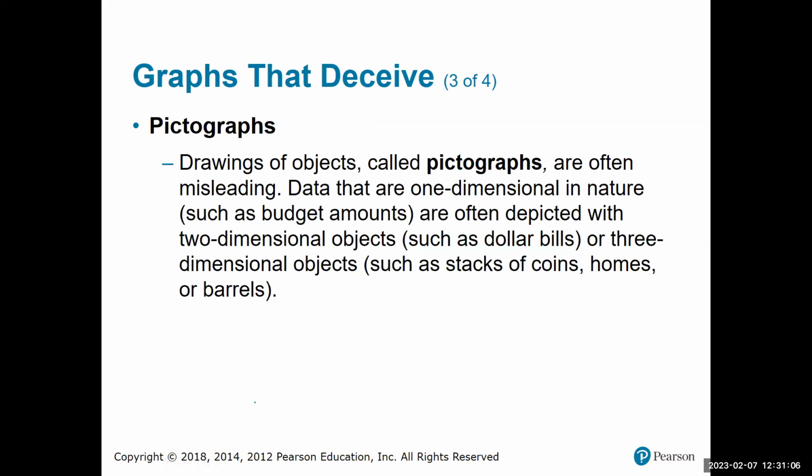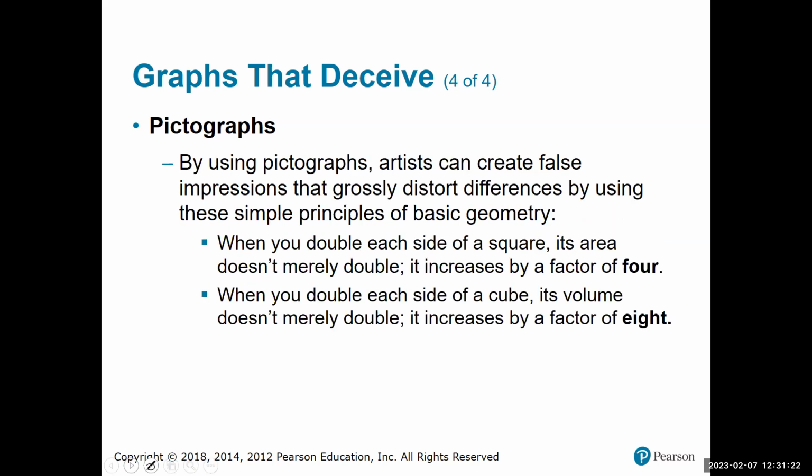All right, drawings of objects called pictographs are often misleading. Data are one-dimensional in nature, such as budget amounts, and then depicted as two-dimensional objects, such as dollar bills, or three-dimensional objects, such as stacks of coins, homes, or barrels. Okay, that's another way that we can be deceptive.